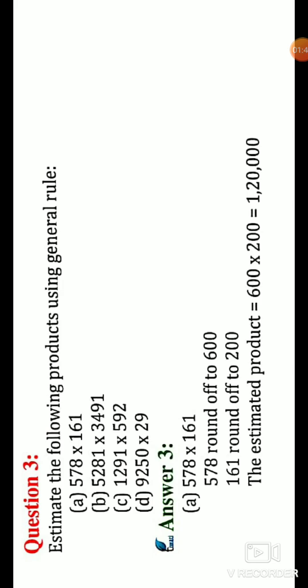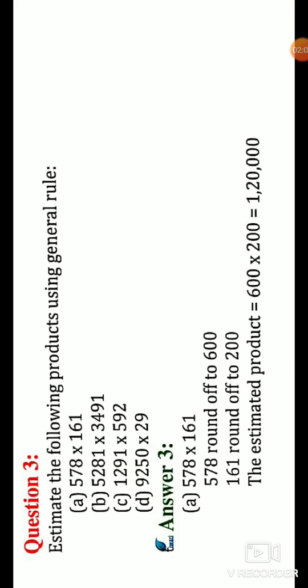So 578 rounded off to its nearest 100 value: its nearest 100 value is 600.